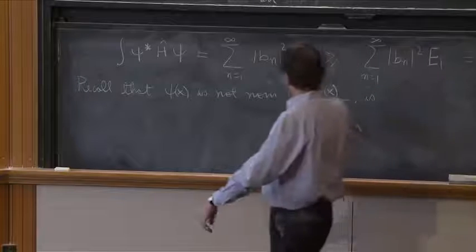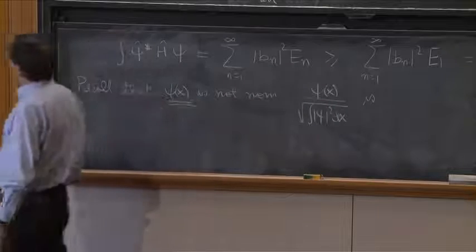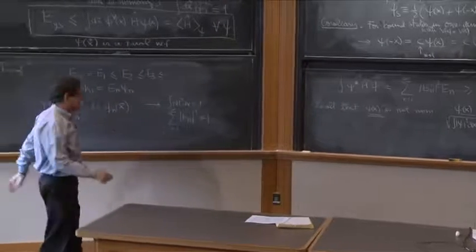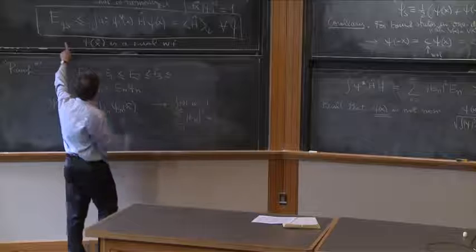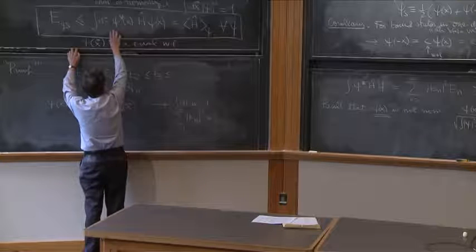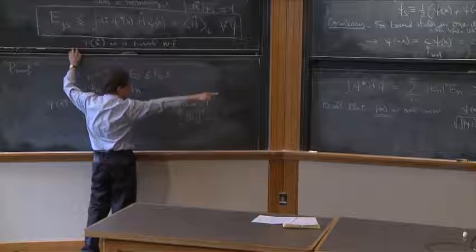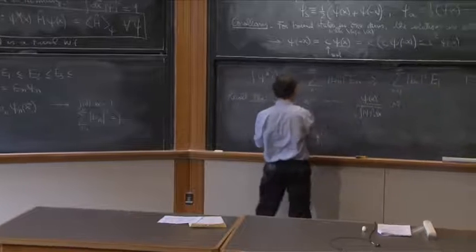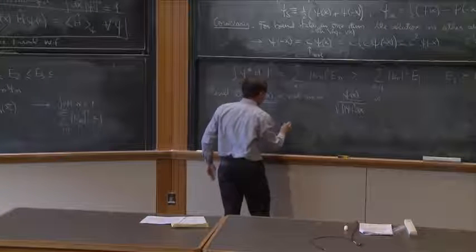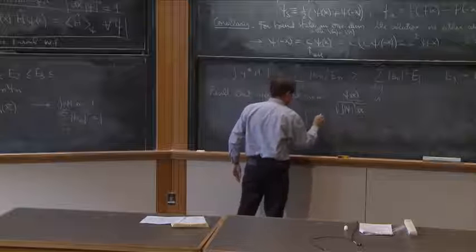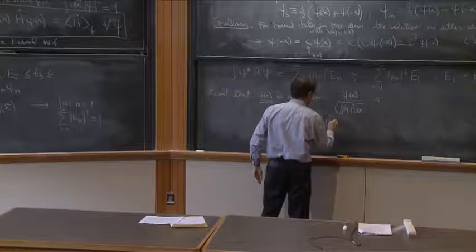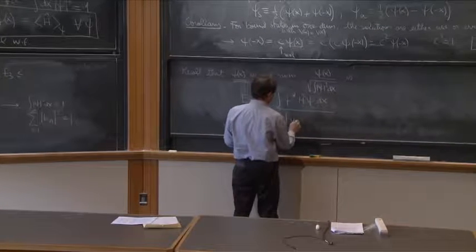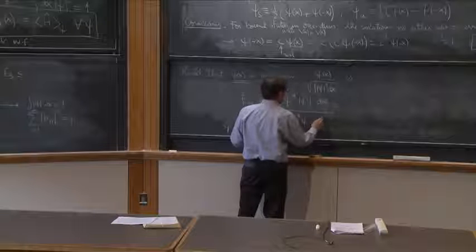Therefore, if you hand me an arbitrary psi of x that is really arbitrary, you didn't even bother to normalize it, then when I plug here, in this formula, it is supposed to be normalized, so I plug the second expression there. So therefore, I get that E_GS is less than or equal to the integral of psi star H psi dx over the integral of psi star psi dx.